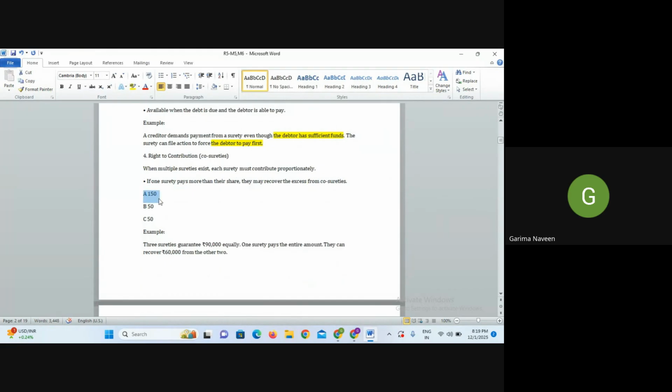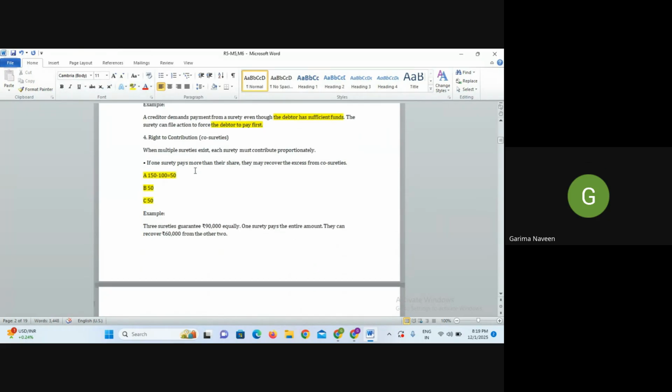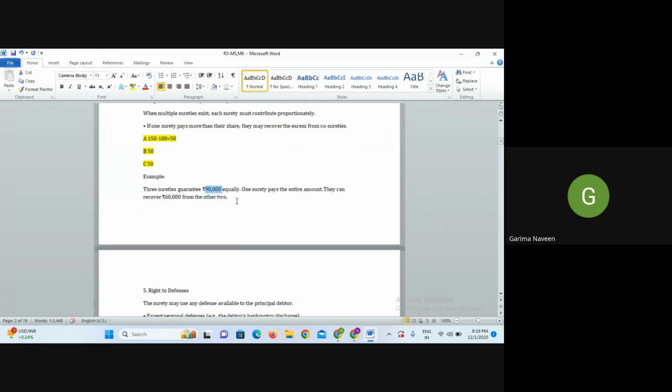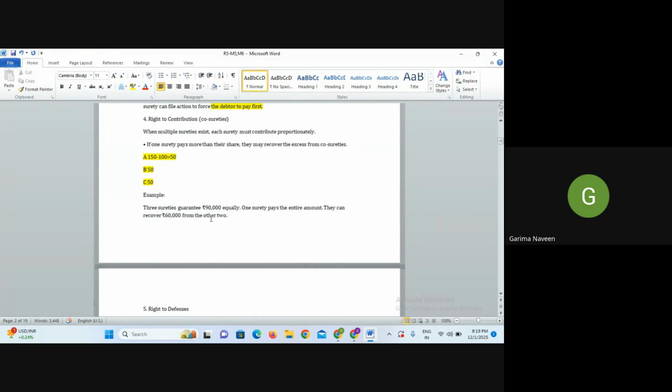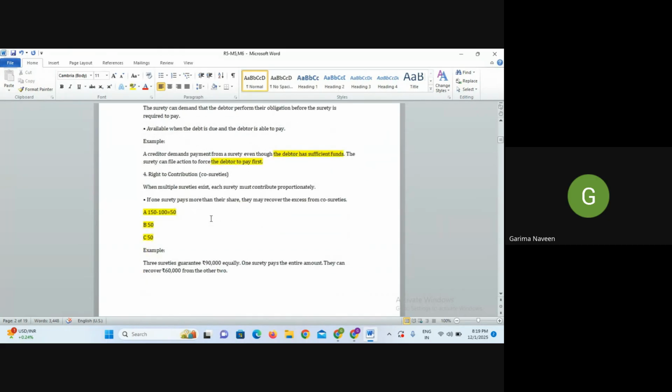Okay, so A has the right to claim this 50 and this 50 from B and C, so that his contribution becomes $50 now. Okay, is it clear? Three sureties guarantee 90,000 equally. So if one surety pays the full amount, then he can recover this 60,000 from the other sureties. Is it clear? Any doubt?